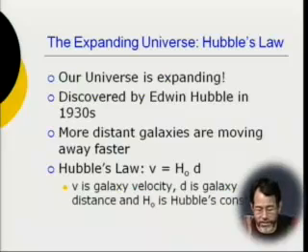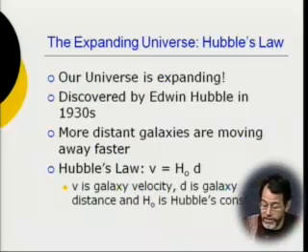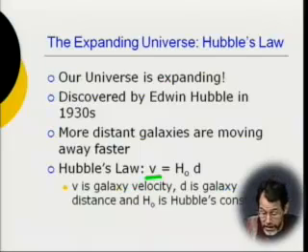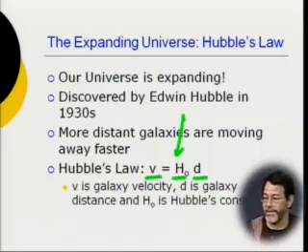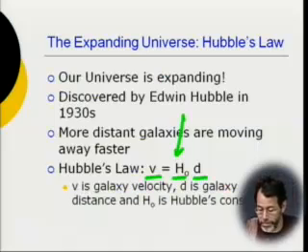Explaining the redshift as just a velocity of recession, you can then make a relation, and you can say the velocity of recession is directly proportional to distance, equal to distance times a proportionality constant. And since he came up with the proportionality constant, it gets named for him. It's called Hubble's constant.